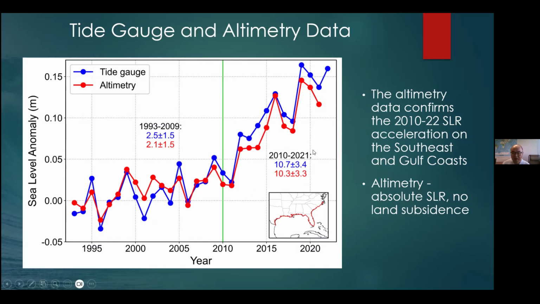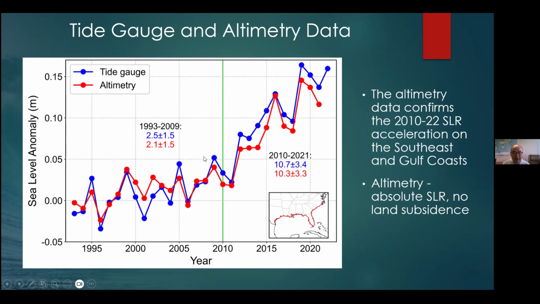So you can see the altimetry data confirms the 2010-2022 sea level rise acceleration from the tide gauge observation on the southeast and the Gulf Coast. Before 2010, the sea level rise was relatively slow. But after 2010, the sea level rise rate increases to more than 10 millimeter per year in both tide gauge data and the altimetry data.